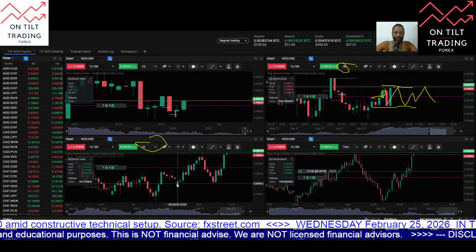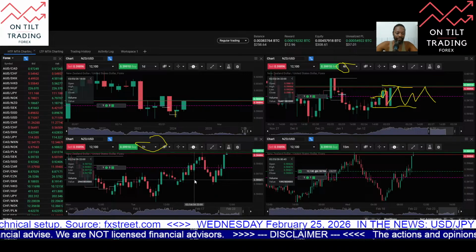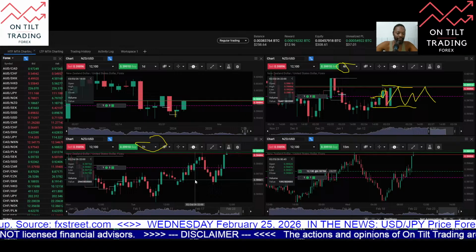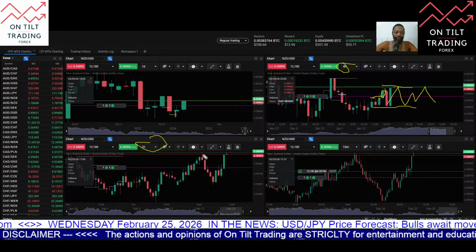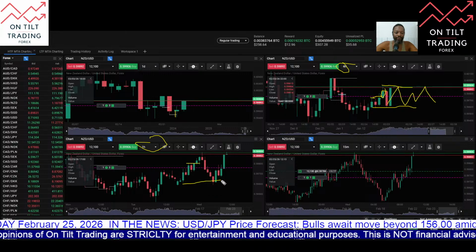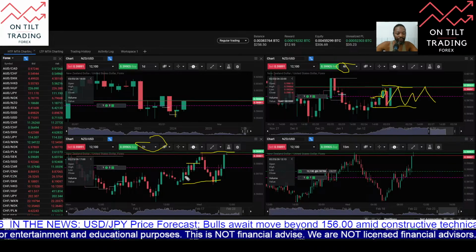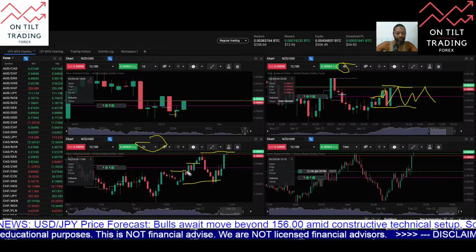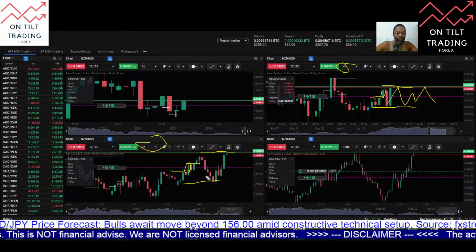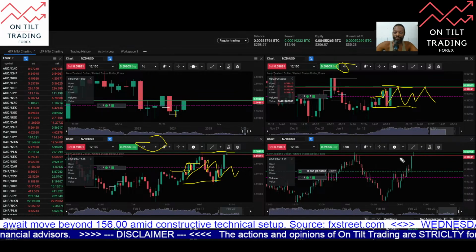I believe this is this price action here. Here we get the sweep here, and then this here is the range here on the 1-hour chart.